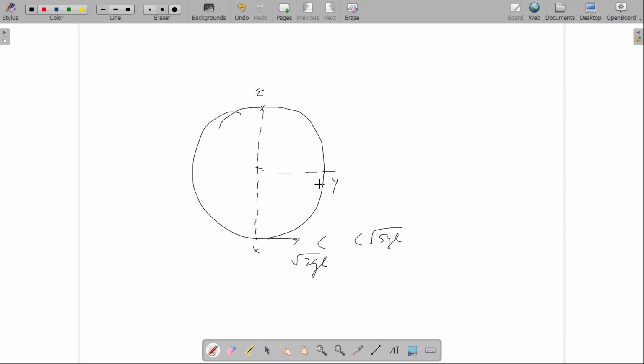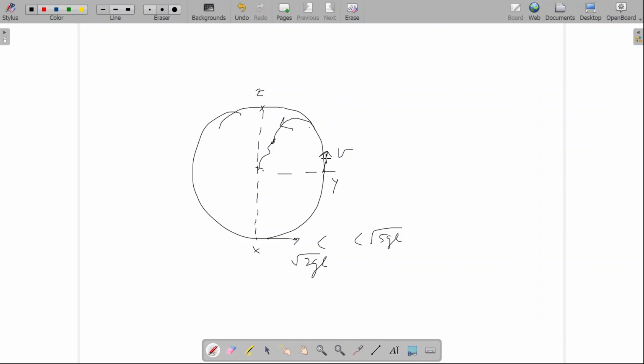The particle is going to cross y, that we are sure of. If the speed were less than root 2gl, it wouldn't have crossed y. But it has crossed y and is not going to cross z. That means it is going to leave the circle at some point, the string will become slack, and it would fall down.